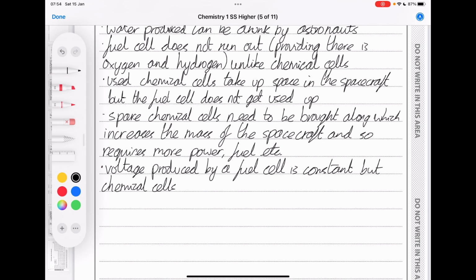Chemical cells decrease in voltage, because voltage is a potential difference. It is the difference in potential between your reactants, and as your reactants start to react, there is less reactants available, and therefore a lower potential, and therefore a lower voltage is produced. However, chemical cells decrease in voltage as reactants or chemicals are used up.